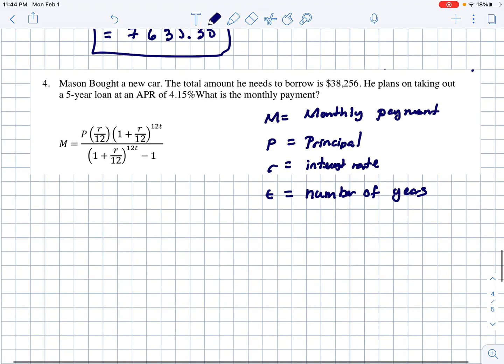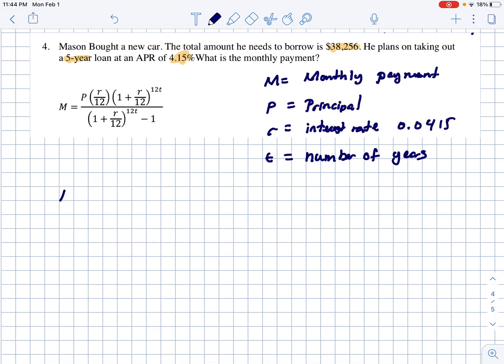Okay, so I've got a few things. Our P, 38,000. Number of years, 5. And our interest rate, 4.15%. All right, so all we're going to do is just plug the stuff in.